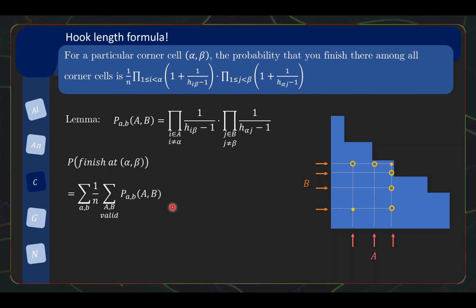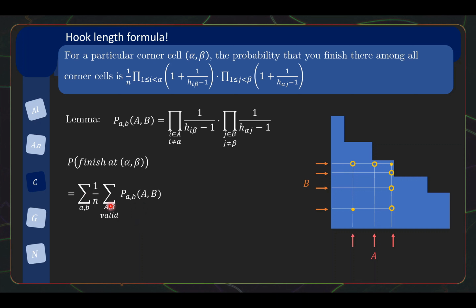And the probability of you succeeding when you start at a, b is the sum over all possible valid projection sets that you get. By valid, it means that your smallest a is small a, your smallest b is small b, your max a is alpha, and your max b is beta. So by considering all valid projection sets and summing them, you get the probability of succeeding, ending at alpha, beta when you start at little a, little b.